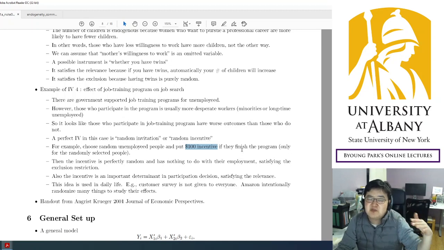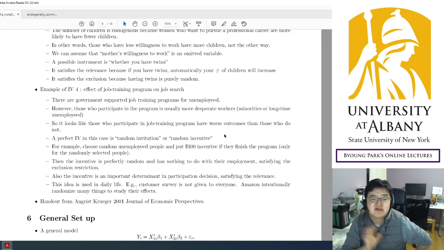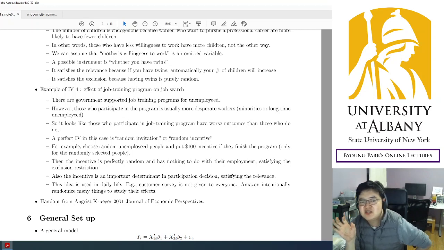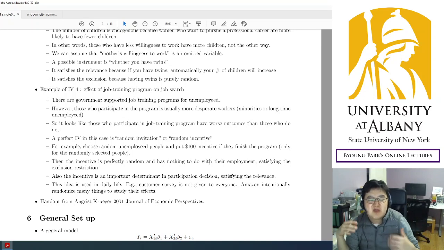The participation probability increased, so this incentive satisfies the relevance condition. Then, as you see, it is a very easy way to implement a random experiment. So you don't need to force anything. You just provide incentives or just make some kind of change to their decision, so affect their decision in a random way.